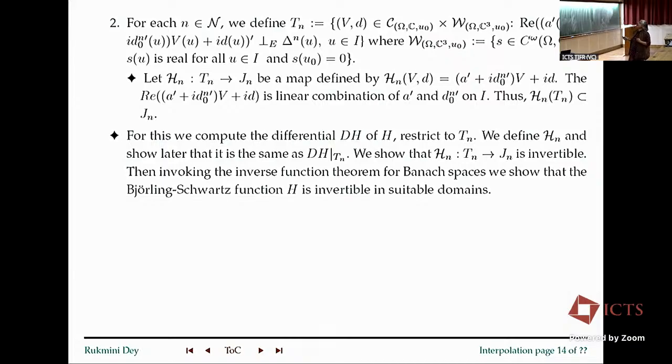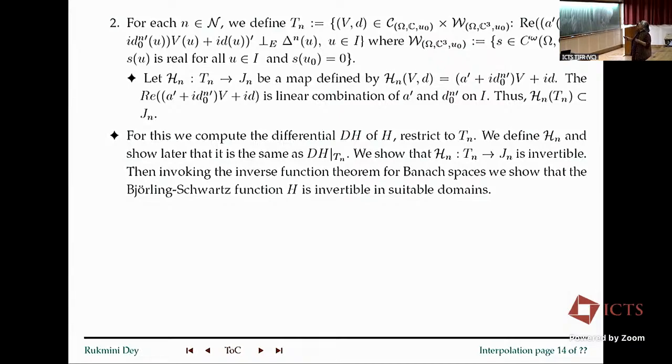So there is a condition like this, and S is such that S of u0 was 0. On this particular space, slice by slice we invert it. This condition comes when you solve the invertibility equation. This has to be there.